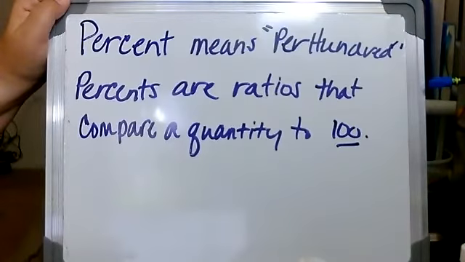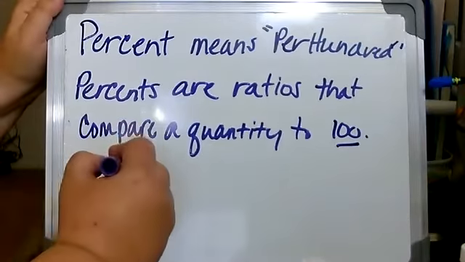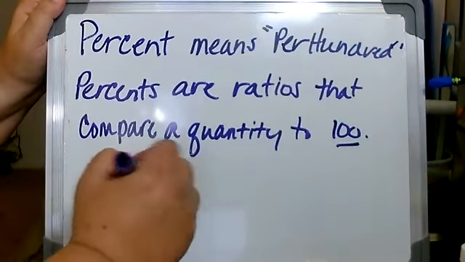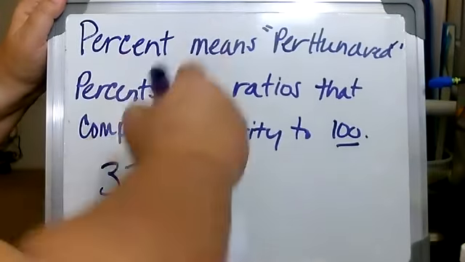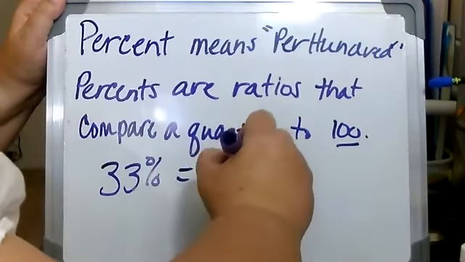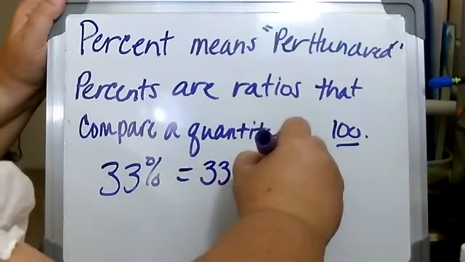Okay, so again, for example, 33% means 33 per 100.